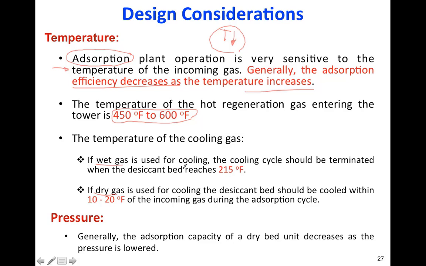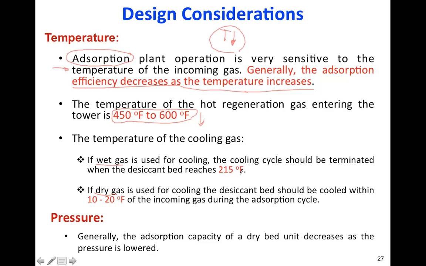For the wet gas, we cool the bed, because after regeneration the bed temperature is between 450 and 600. We have to decrease the temperature, because otherwise the adsorption efficiency will decrease. We can use cold wet gas or cold dry gas to cool down the column.